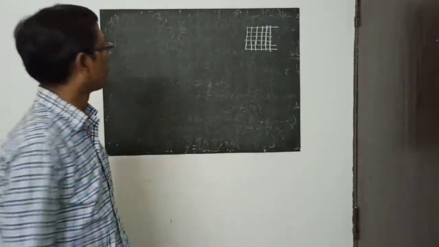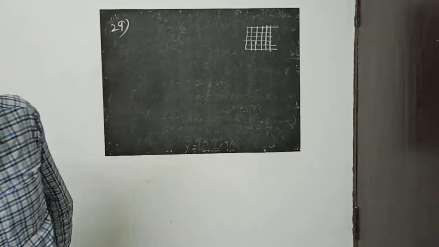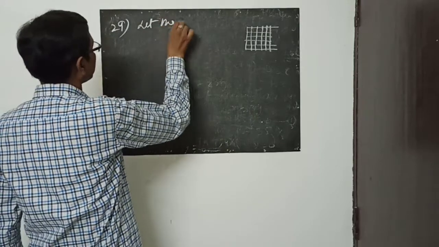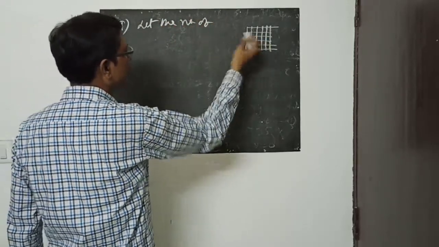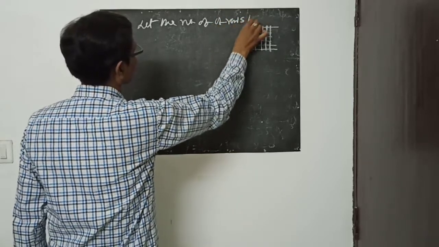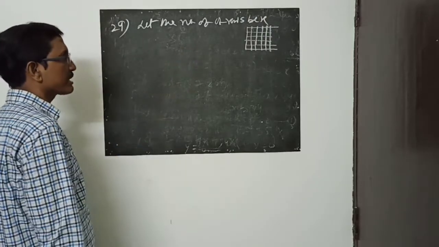So let the first arrangement, that is question number 29, be as follows. Let the number of rows, or number of students in each line, be x. So the number of students for each line will be x.